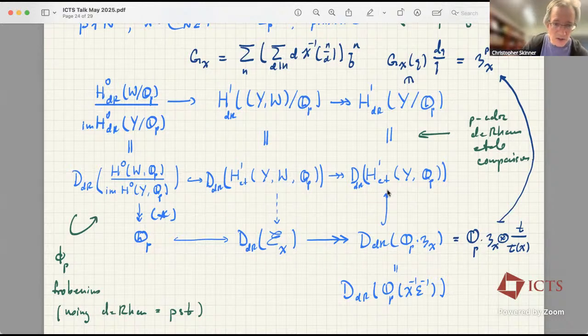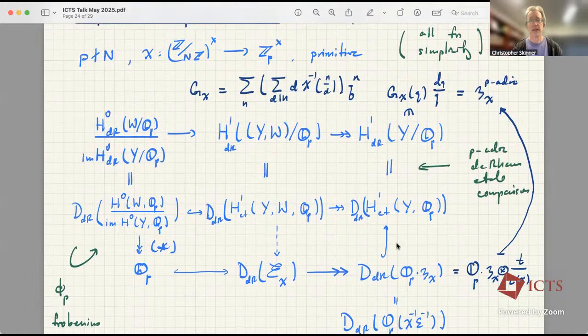Acting on all of these modules is a Frobenius element, phi sub p, the Frobenius of p-adic Hodge theory, because in fact D de Rham is potentially semi-stable and everything is over Qp, and so we actually have this Frobenius element, and we know how it acts.